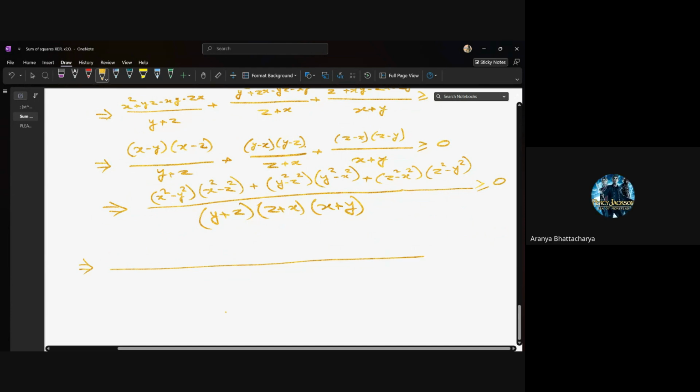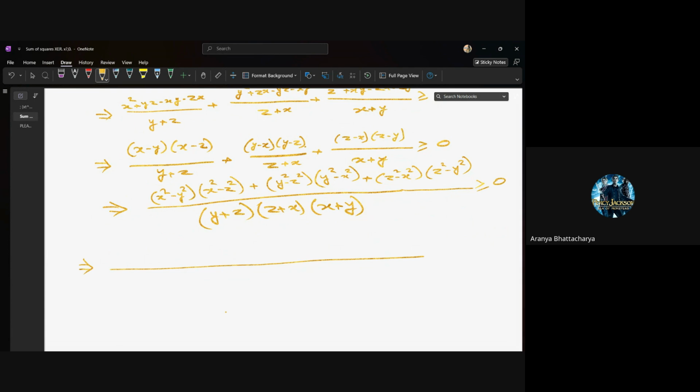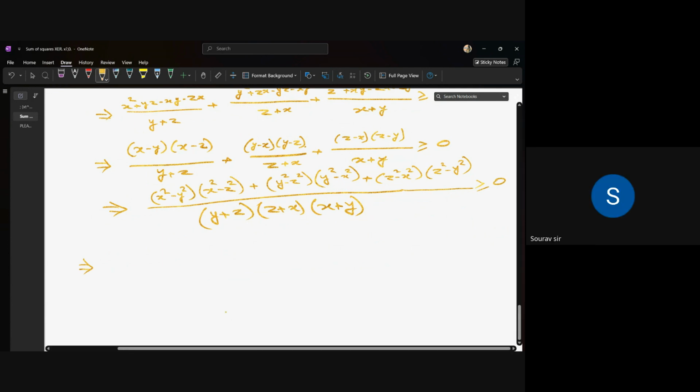So we can move the denominator to the right hand side, right? Because the denominator is positive.